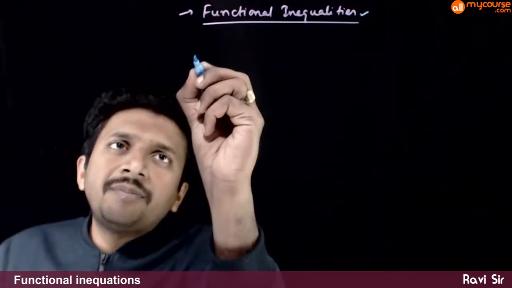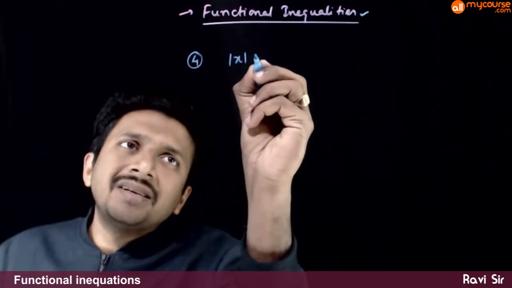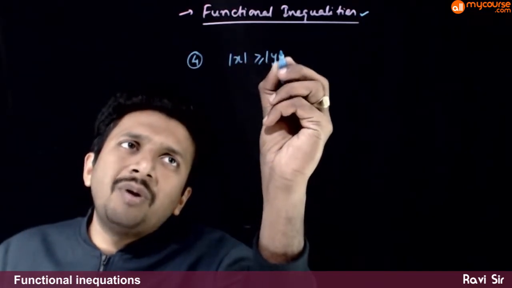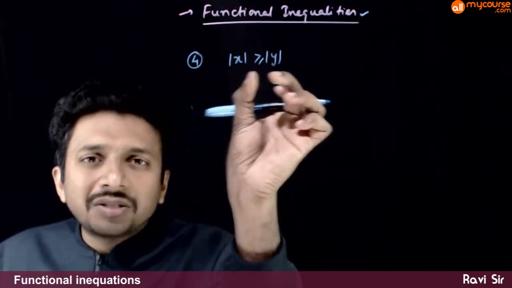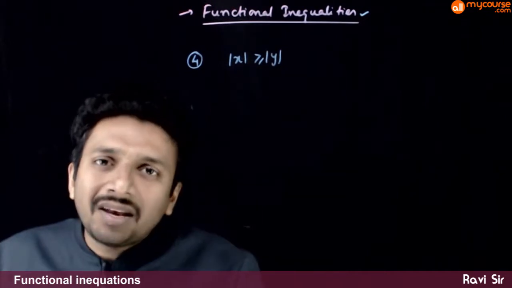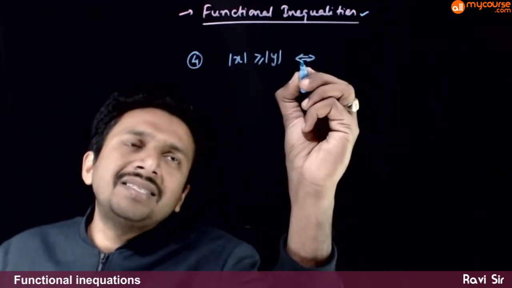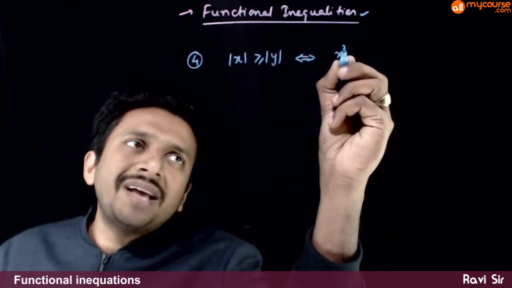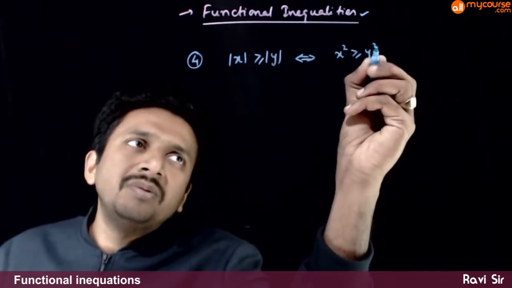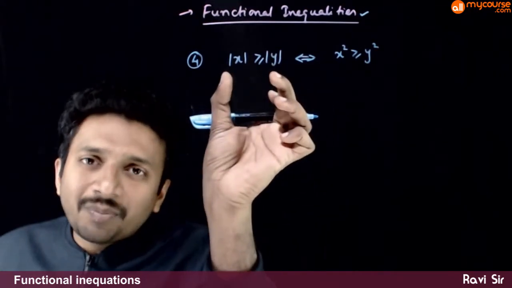And the fourth type of inequality that you might encounter is mod x is greater than or equal to mod y. So you might have two mods on either side of the inequality. If mod x is greater than or equal to mod y, the solution of this is exactly the same as the solution of x square greater than or equal to y square, because both these numbers are positive.